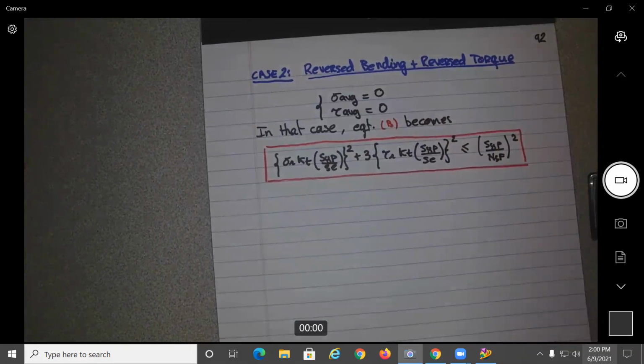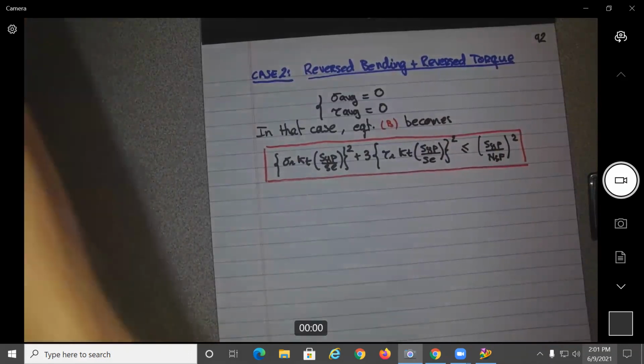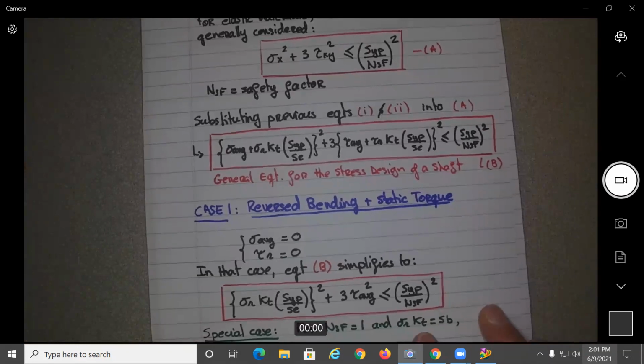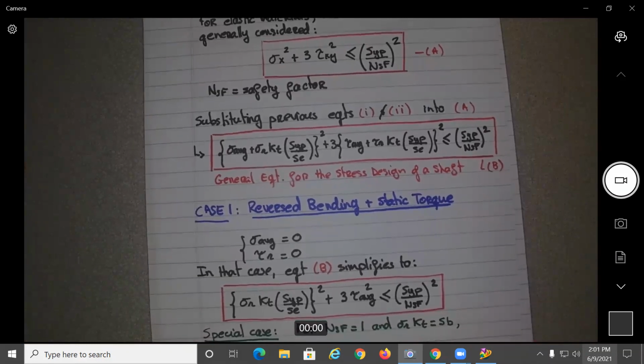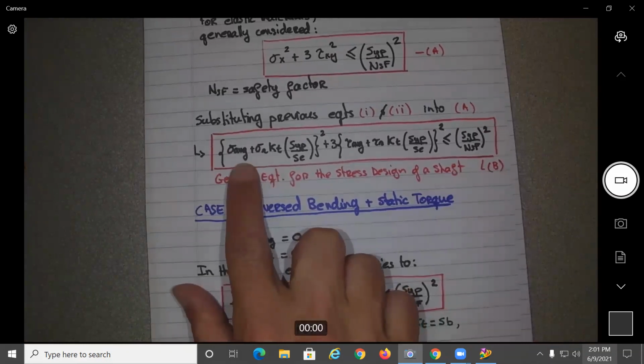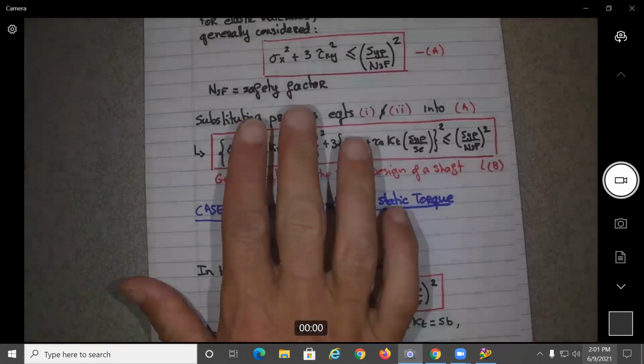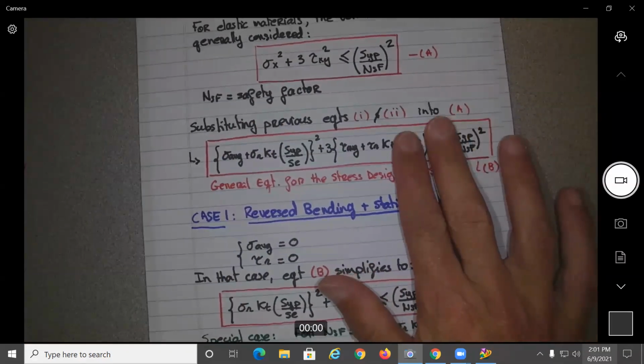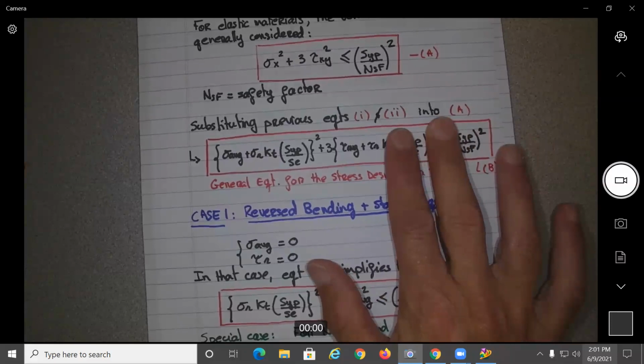Okay, so the reason I give you these two cases is because these are the most common cases you might have to study, you find in an exam, I mean, on a problem. But let's say on an exam, I can give you a different case, no? You have different combinations. For example, if it's only static, then you could eliminate this term and this term, and this would be like solving a static problem.